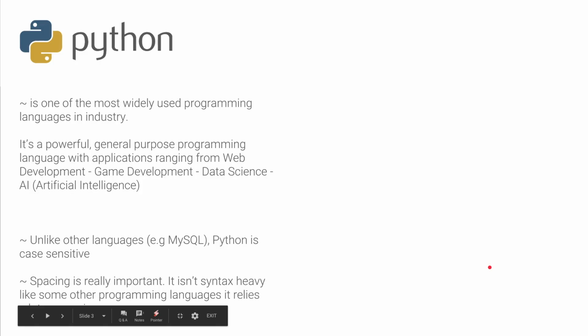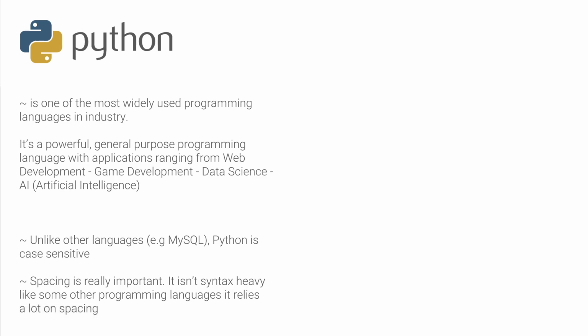So what is Python? Python is one of the most widely used programming languages in the industry. It's a powerful general purpose programming language with applications ranging from game development, web design, data science, to AI, artificial intelligence. Python is basically the most popular language on this planet.